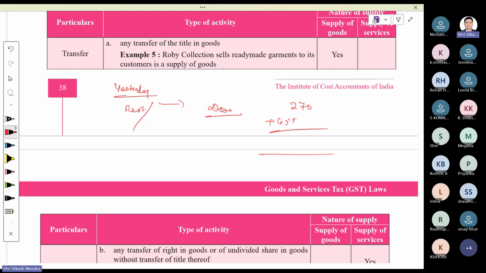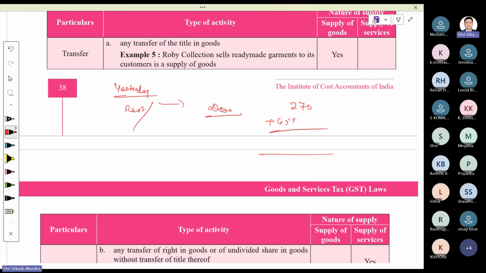Earlier, before GST, what was the scenario? Try to understand. If we consider that it is a supply of services, why is it a supply of services? It is fine dining. I enjoy the ambience. I enjoy the cool air of the AC.